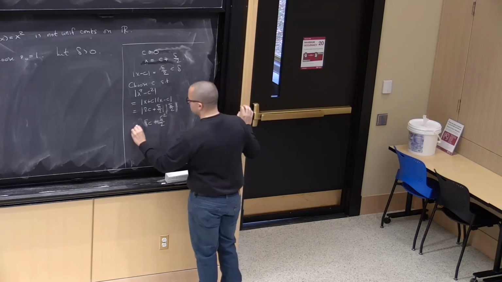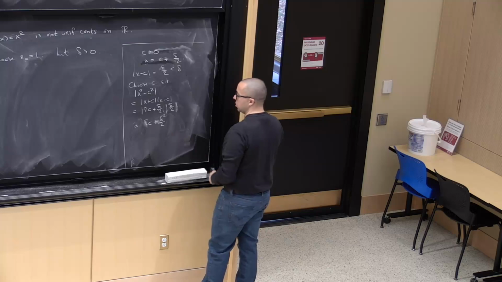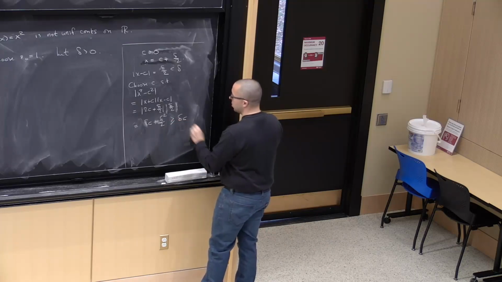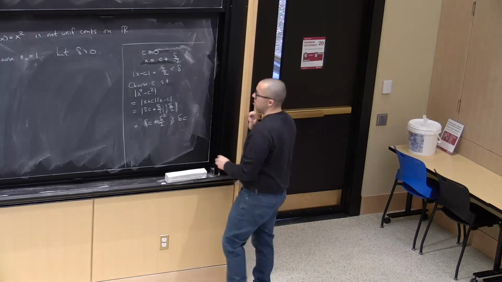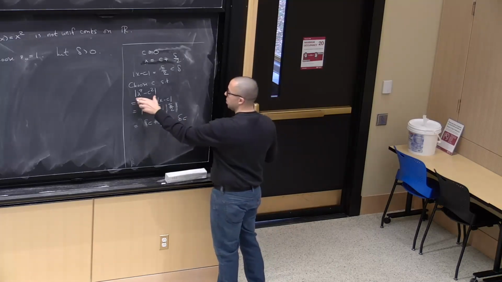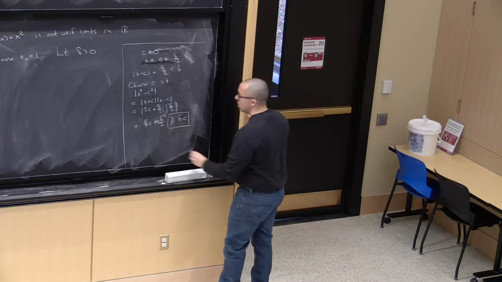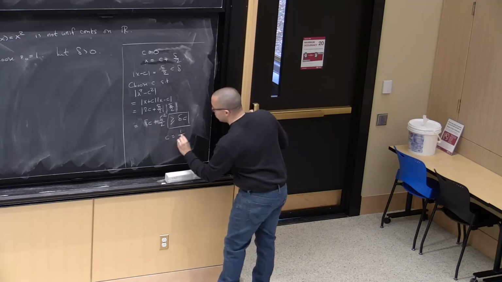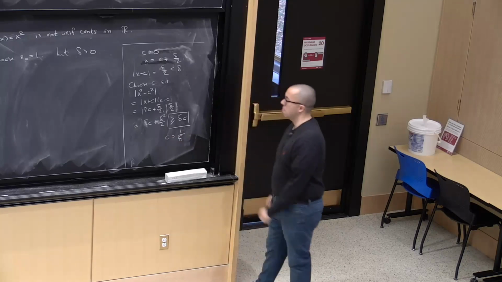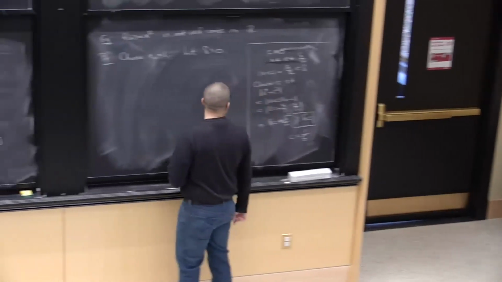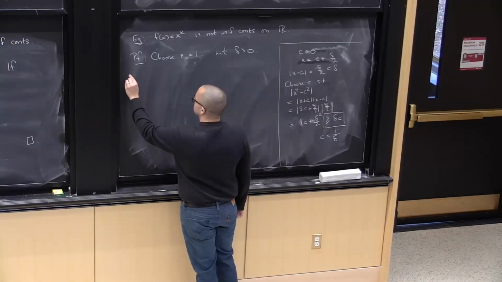Now, delta squared over 2 is always non-negative, so it's certainly bigger than or equal to delta times c. And now remember, we wanted this thing to be bigger than or equal to 1. Right now, we have it's bigger than or equal to delta c. So let's choose c to be 1 over delta. Okay? And let's see that that works.